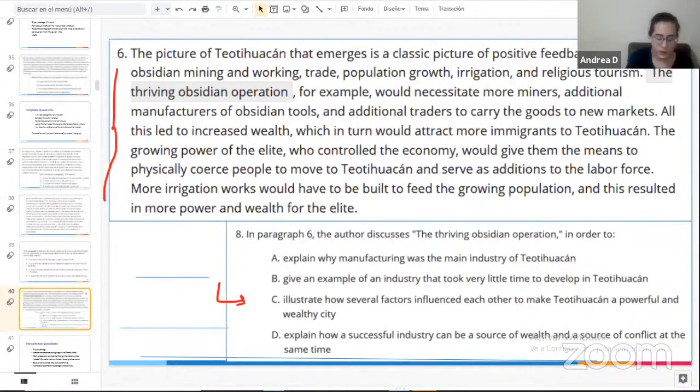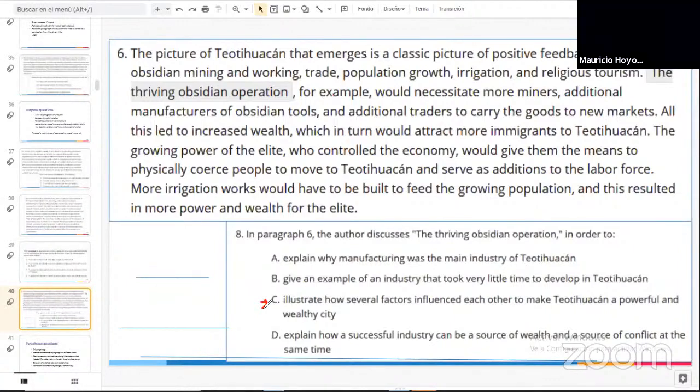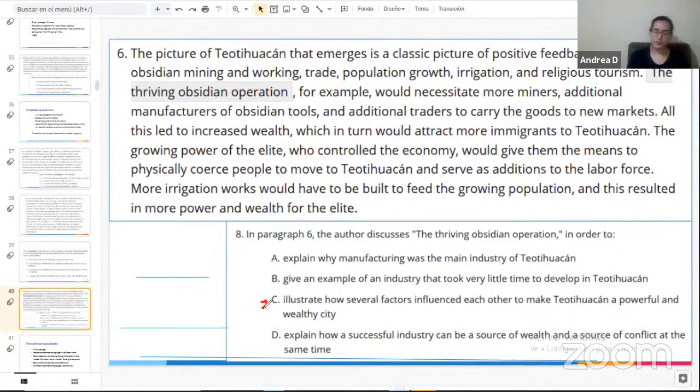Okay, so what would you say? Which one would you choose? I think it's letter C. Okay, letter C. Any other opinion? I'm thinking C too. Okay, so you're saying C. Anyone else?